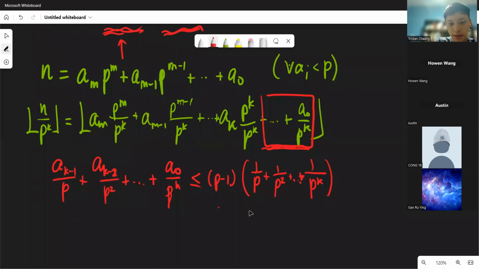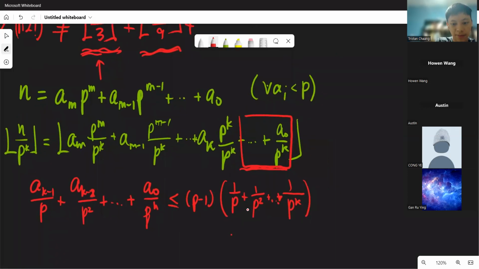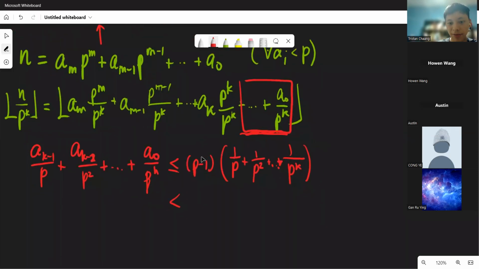One over p plus 1 over p squared and so on is 1 over p minus 1. Yeah, thank you. Hang on. Okay, I see what you mean. If this were an infinite sum, so it goes to infinity, then it would be 1 over p minus 1, right? That would be an easier way to do this instead of writing the exact form.